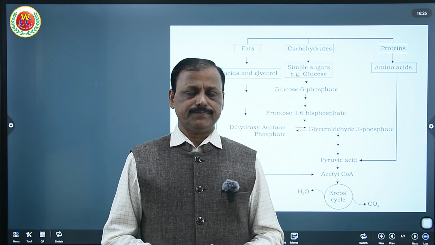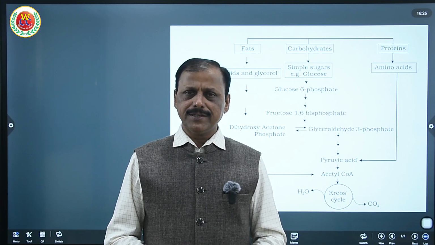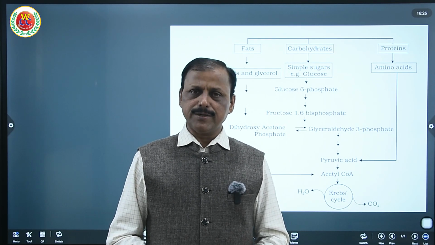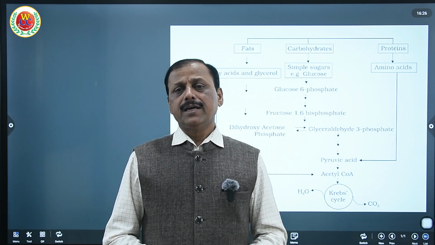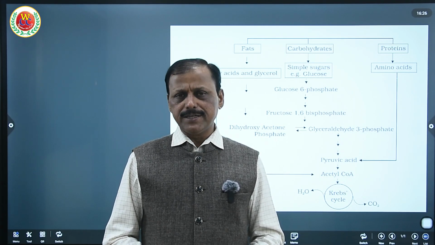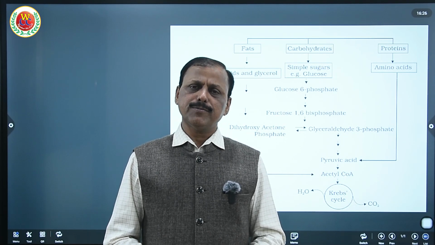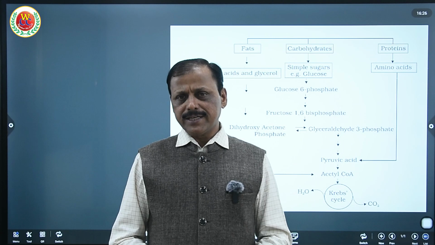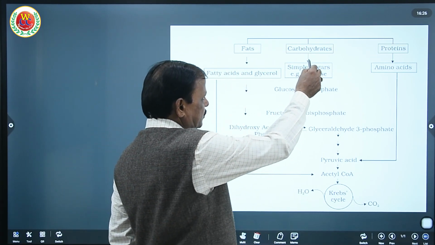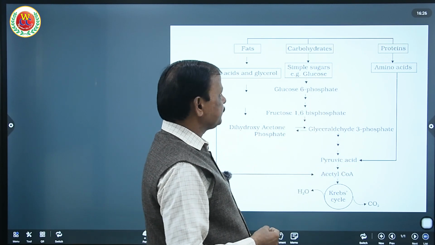Now to understand, is respiration a catabolic pathway, or an amphibolic pathway, or both catabolic and anabolic? As we know, respiration is a breakdown, an oxidation, and therefore it has to be a catabolic process. Here, carbohydrate, glucose, undergoes breakdown and produces pyruvic acid.